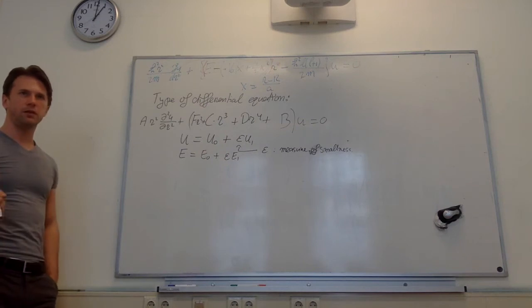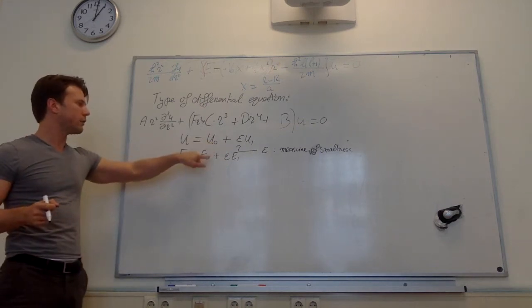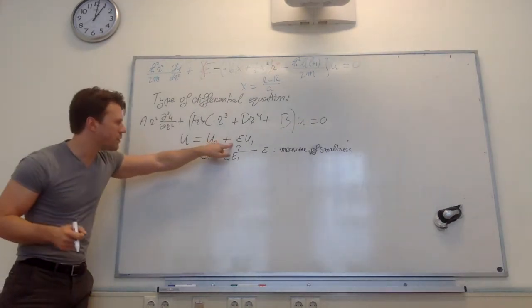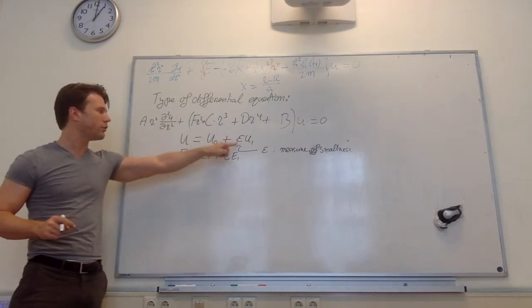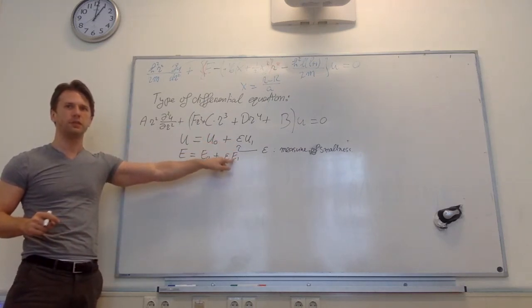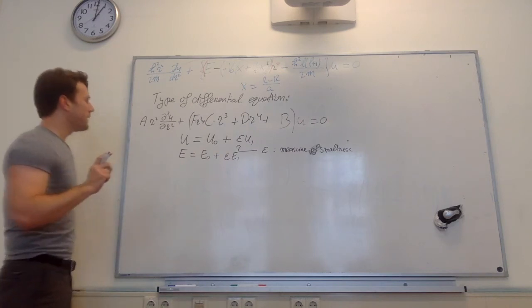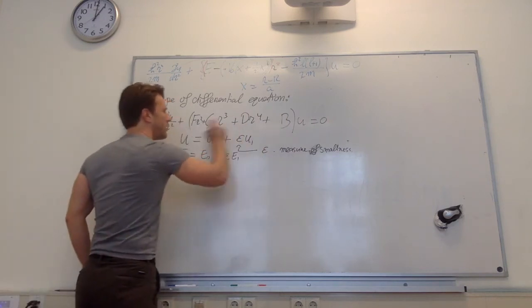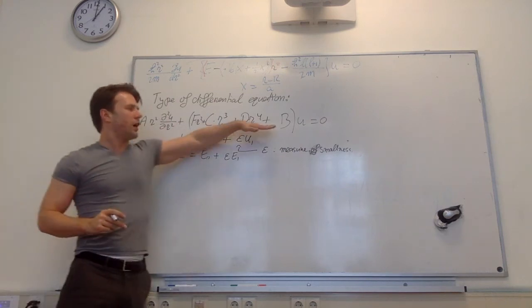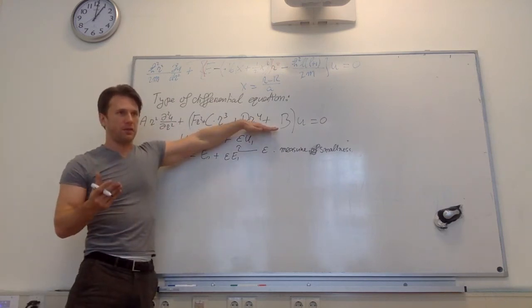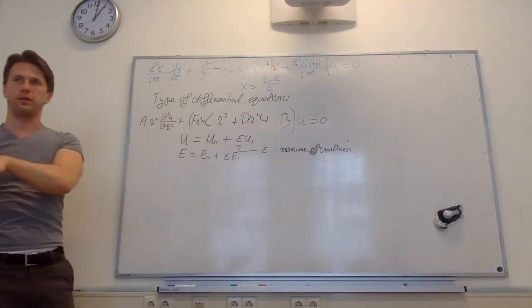Does it make sense to you that if you have an easy solution, it comes with this energy, but if you would add a little bit extra solution, it will also change the energy by some other number? That's this one. There's something else that's going on as well. That is that if you look at this thing, this also consists of an easy part, a big part, I think that makes a big contribution, and small corrections to it.